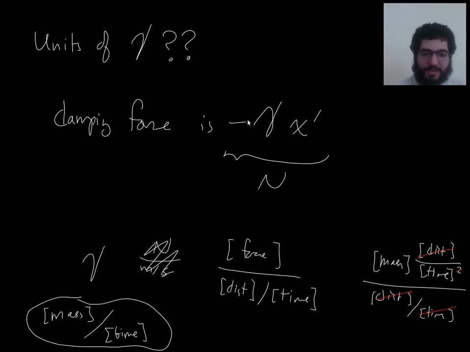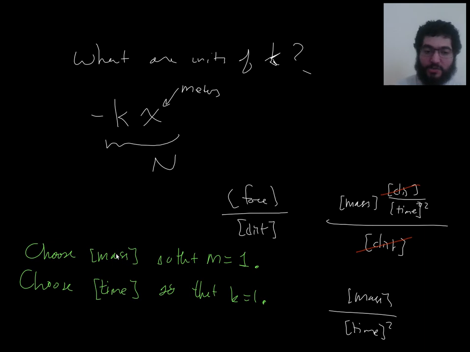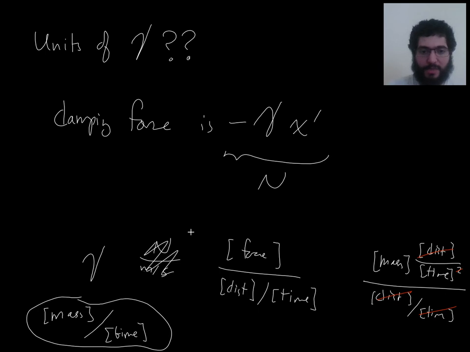Okay, now look at the analysis for gamma. Gamma is in units of mass per unit time, but both of those units have already been chosen. So I cannot then also go and choose that gamma is 1. So it's possible to make choices about units to make mass be 1, to make k be 1, but not to make mass be 1, k be 1, and gamma be 1.